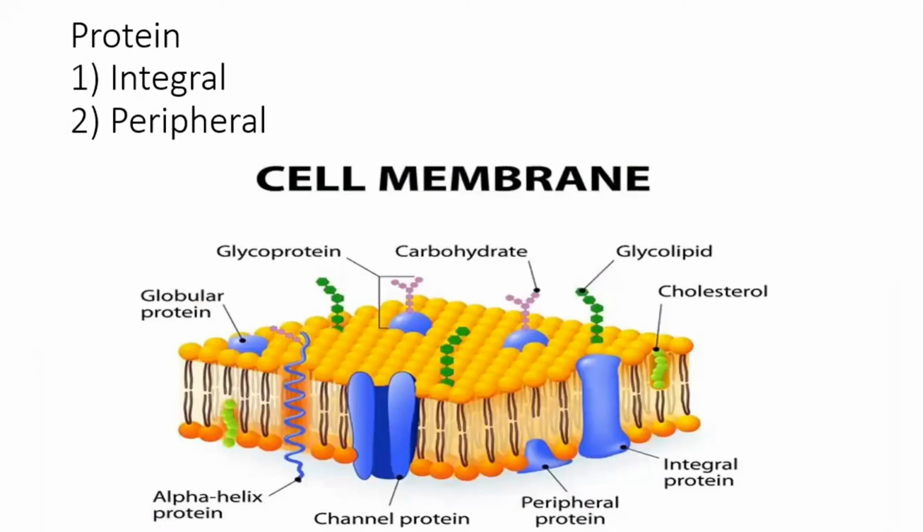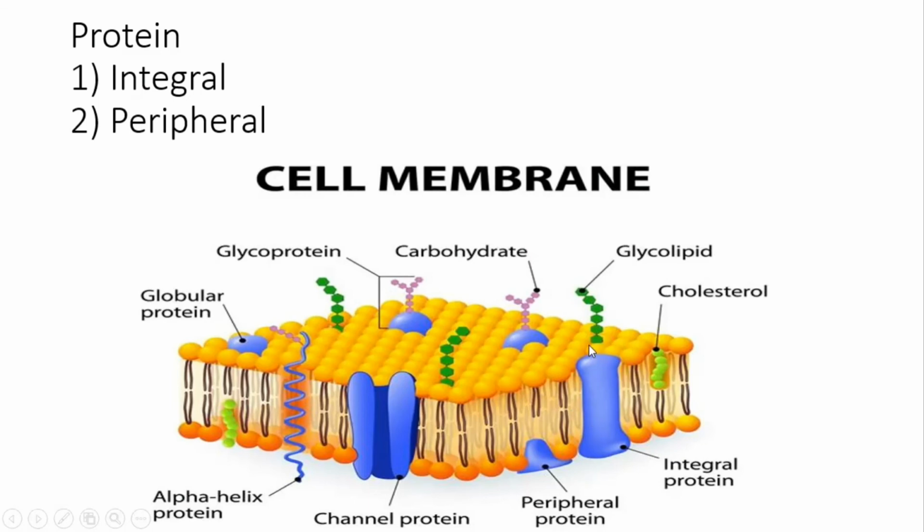Now let's go to the proteins. The proteins are divided into two major categories, integral and peripheral. In this picture, you can see this is an integral protein. An integral protein is a protein that is located in both surfaces of the cell membrane: the inner surface, which deals with the intracellular fluid, and the outer surface, which deals with the extracellular fluid.